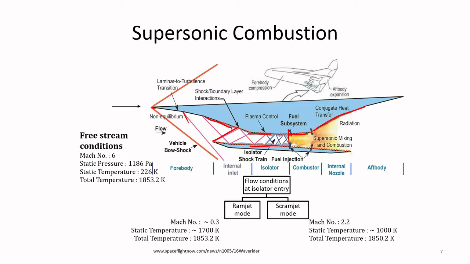Now you have seen that in a gas turbine combustor, because the flow into the combustor was subsonic, and because you are adding heat into that subsonic flow, there was a small pressure drop that you have always learnt. But here you are adding heat into a supersonic flow. Okay. So when you add heat into a supersonic flow, and if the cross sectional area is constant, then you have pressure rise.